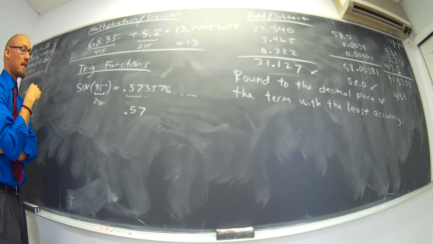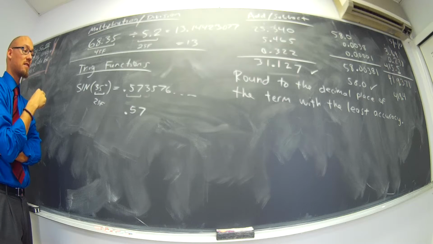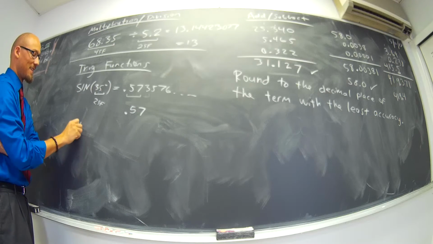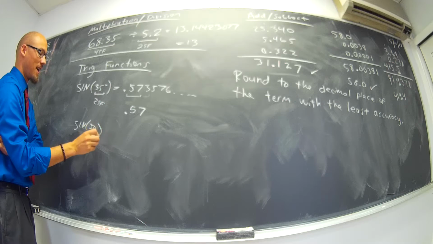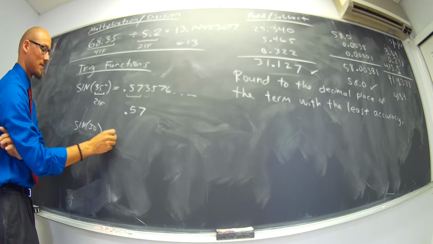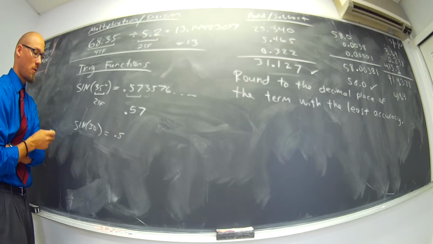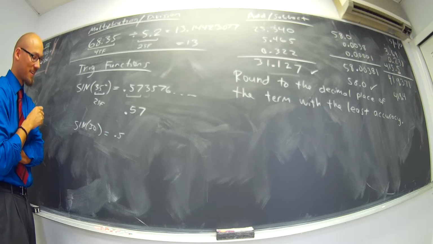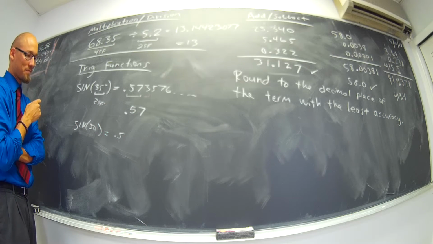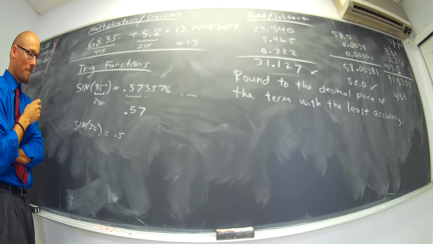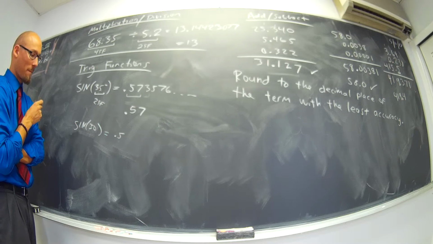Okay. And if we just said the sine of 30 degrees, well, here's the thing. The sine of 30 degrees is a half. So I guess that works out. There's 1 sig fig, because that 0 doesn't have a decimal.